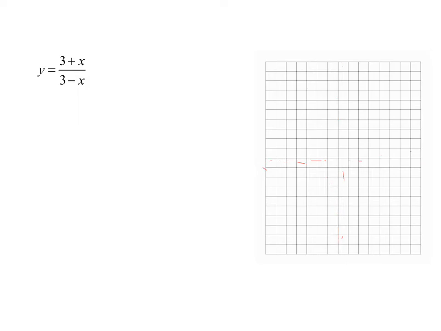Let's make x 0. So in this case, when x is 0, we would get 3 plus 0 over 3 minus 0, which would give us 3 over 3, which is 1. So we know that our y-intercept is at 0, 1. And let's do it algebraically when y is 0.